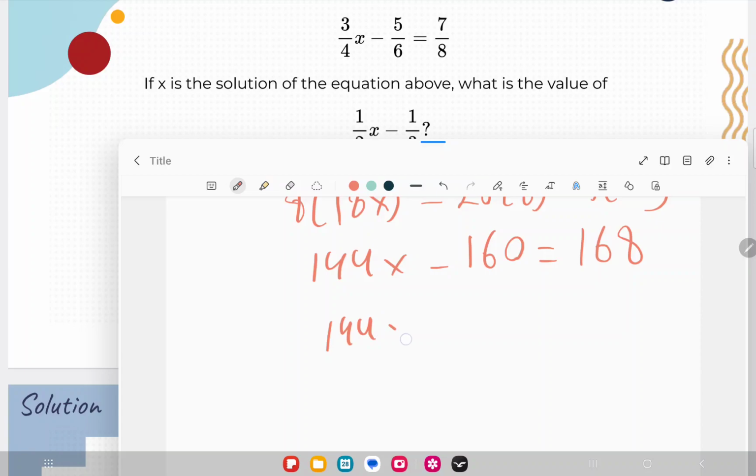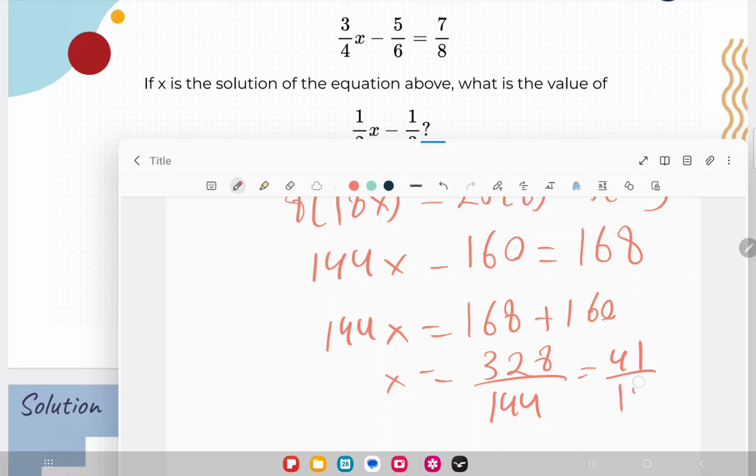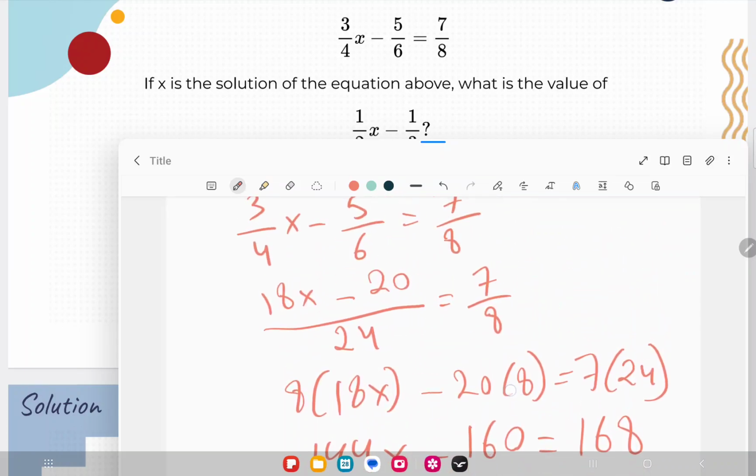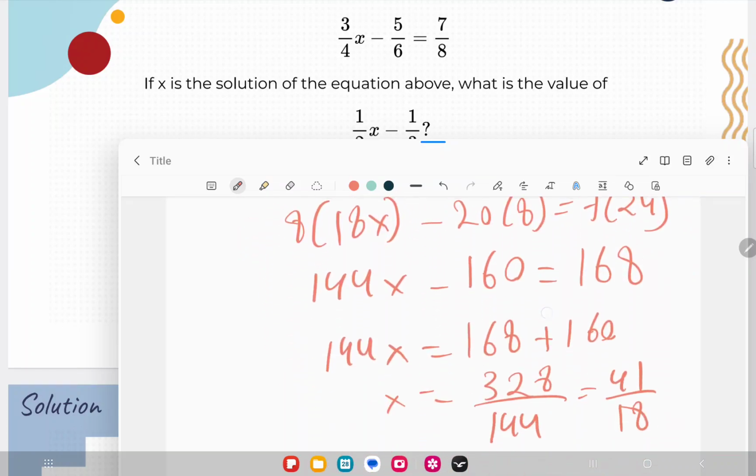So 144x is equal to 168 plus 160. x is equal to 328 over 144, which is 41 over 18. Did I do it right?